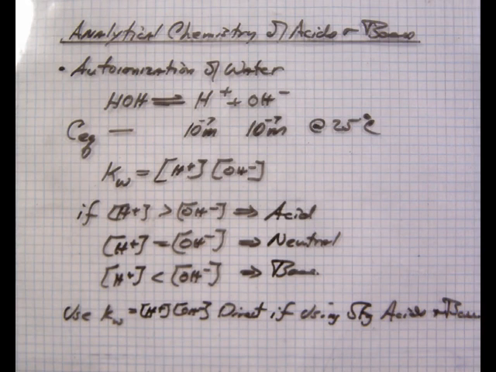Then you divide 0.1 into 10 to the minus 14, and you get the hydroxide concentration. Now that's direct for strong acids. It also works for strong bases because they ionize 100%.